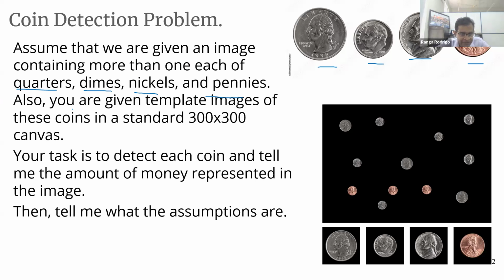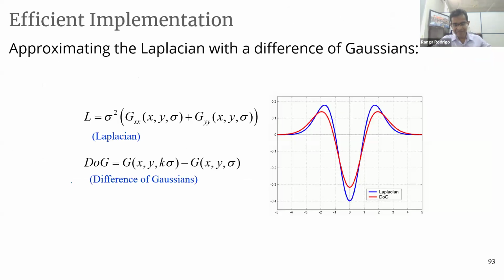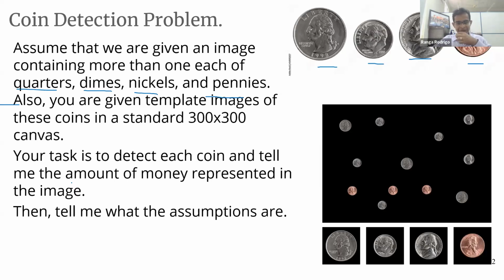If you're given this as a standard assignment on Canvas, you can be tasked to detect coins and tell me the amount of money represented in the images. Then tell me the assumptions. So you can use template matching, normalized cross correlation, blob detection, or different things can be done. If you like, you can do that. I can give you these coin samples. Okay. Any questions up to now?